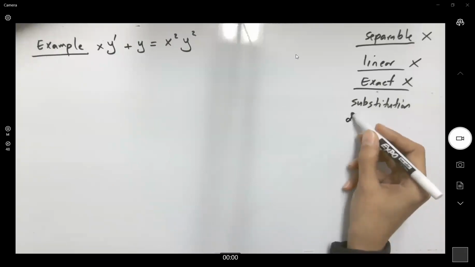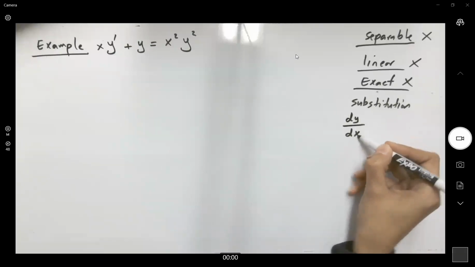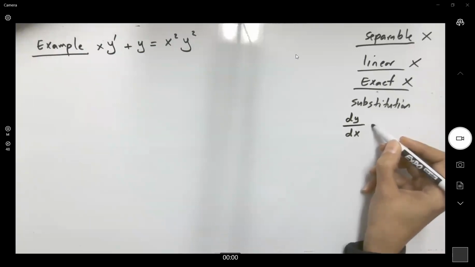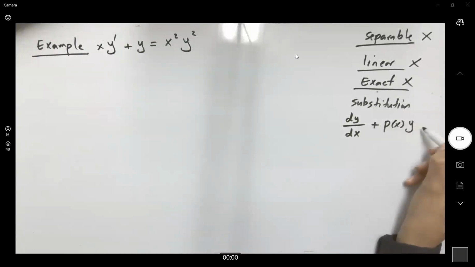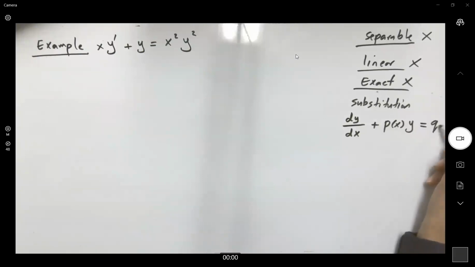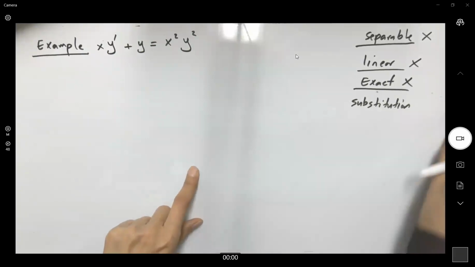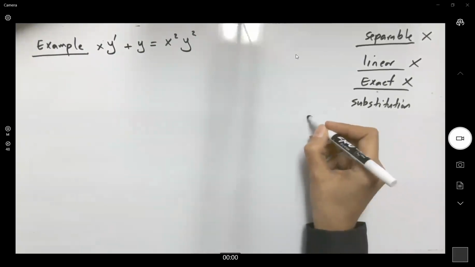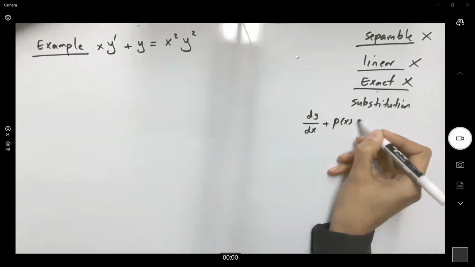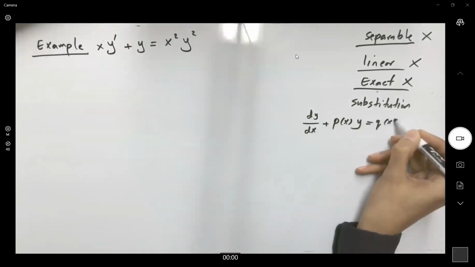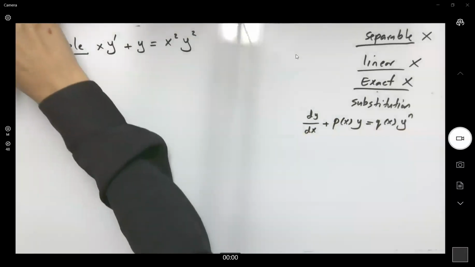We have dy over dx plus a quantity in x times y equals a quantity in x times y to a power n. That is, dy dx plus p(x) y equals q(x) y to the power n.